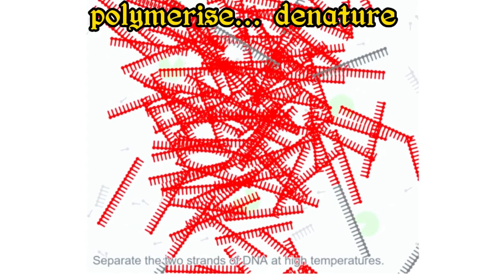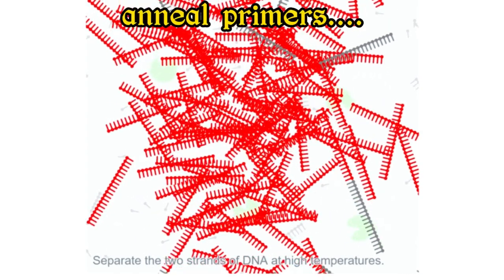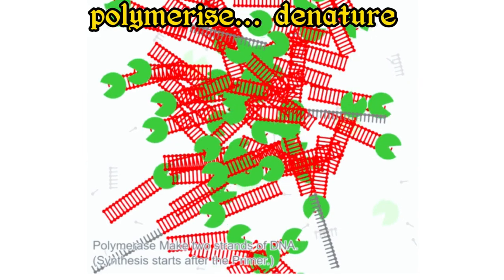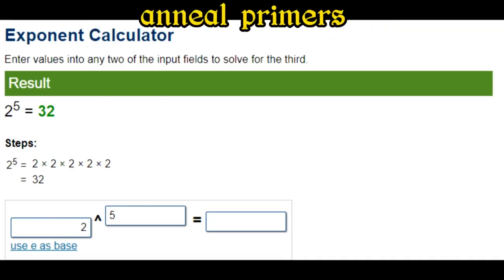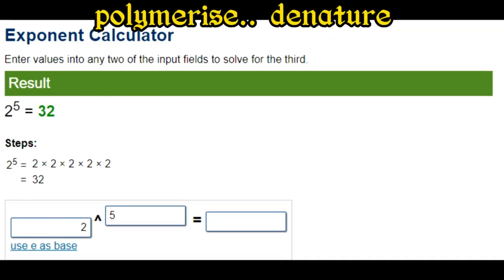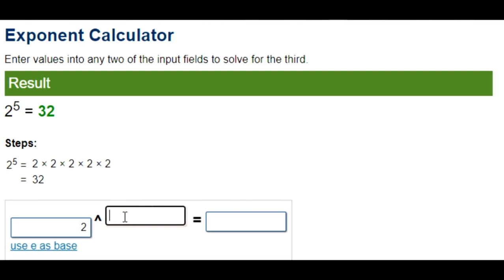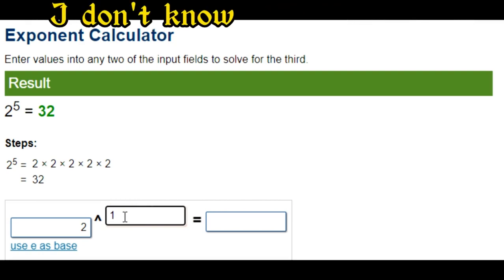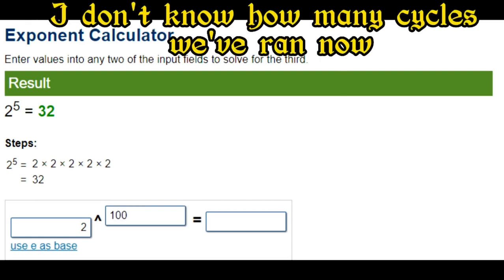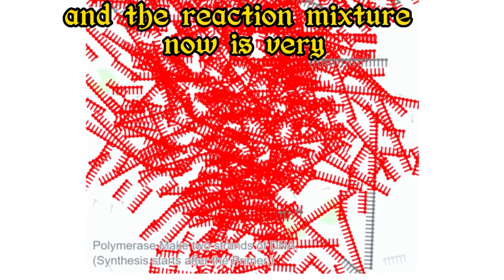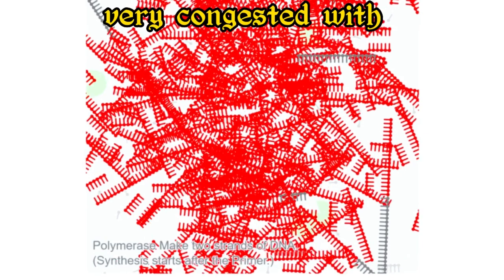I anneal some primers, polymerize, denature, and the cycle continues until we want it to stop. You see that now we've run many cycles, and the reaction mixture is very, very congested with our molecules.